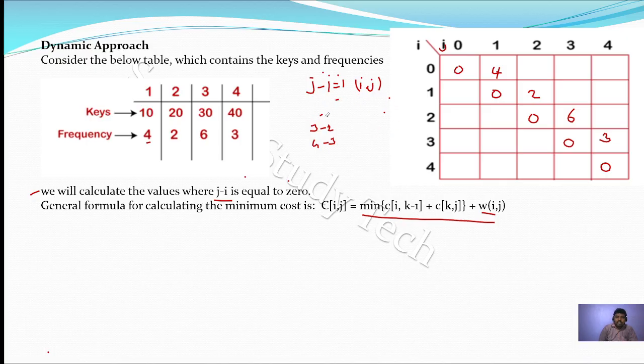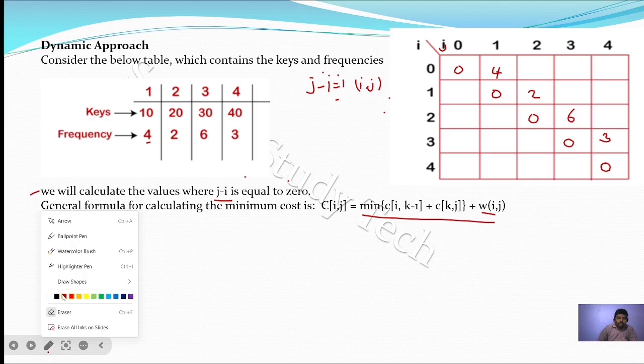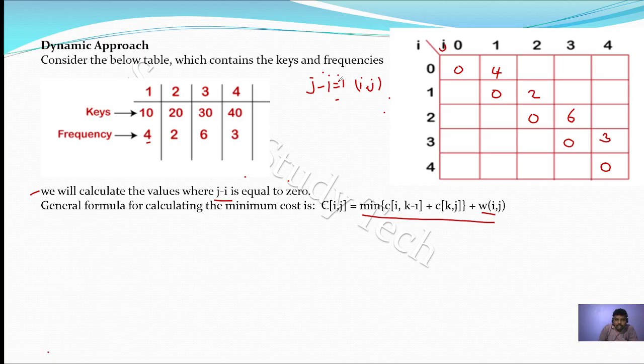j minus i equal to 2. Now you can consider two keys at a time. When j minus i equal to 2, that is here 2 minus 0, that is 2, and 3 minus 1, that is 2, 4 minus 2, that is 2.